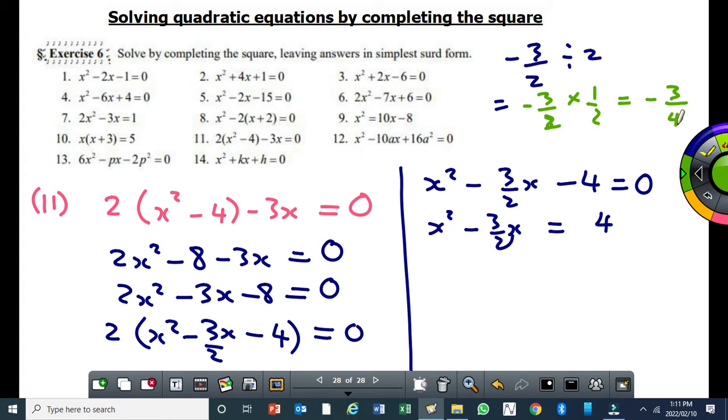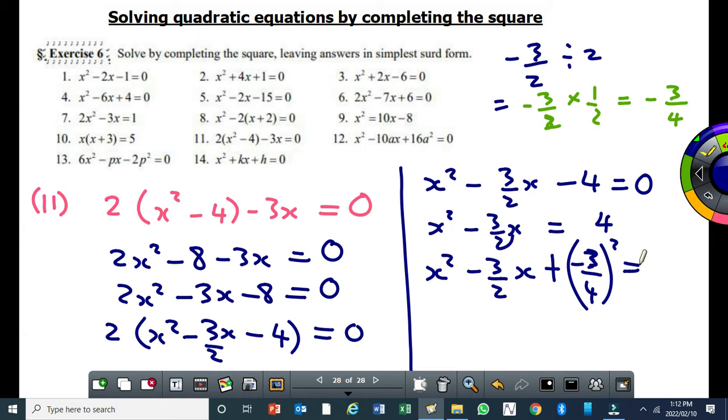So half of minus 3 over 2 is minus 3 over 4. So it means that I'm going to add the square of minus 3 over 4 on both sides of the equation. Okay? So this becomes x squared minus 3 over 2x plus minus 3 over 4 squared is equal to 4 plus minus 3 over 4 squared.